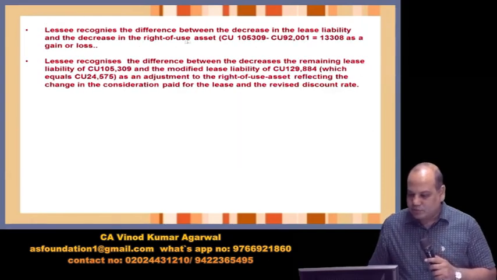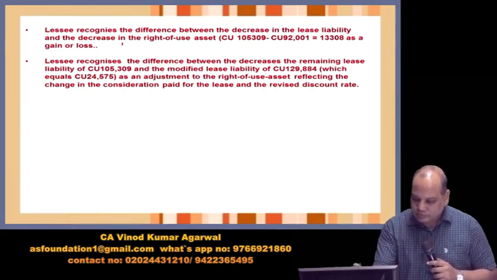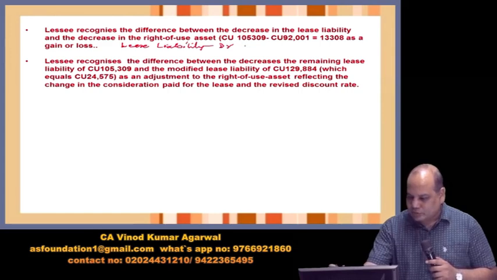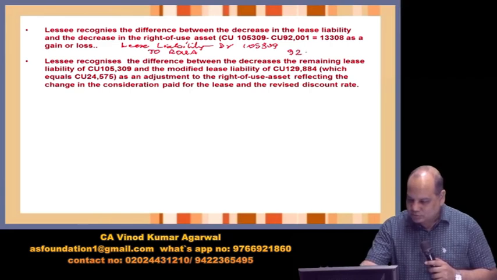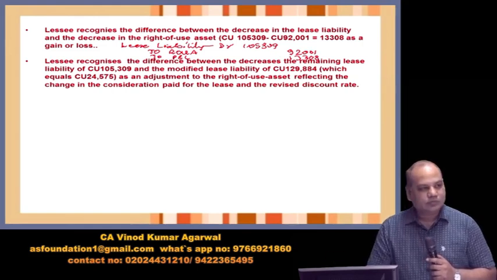So first entry, write down: lease liability account debit 105,309, to right of use asset 92,001, to gain transferred to P&L account 13,308. But the story is not over.